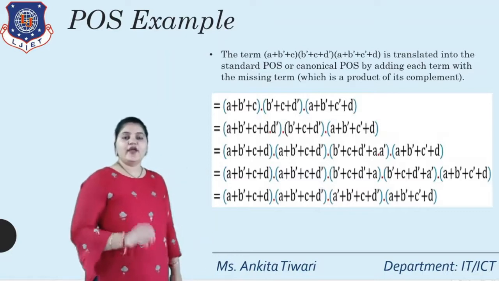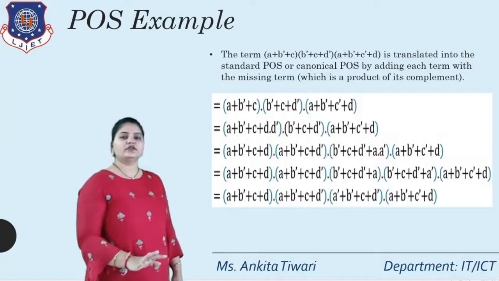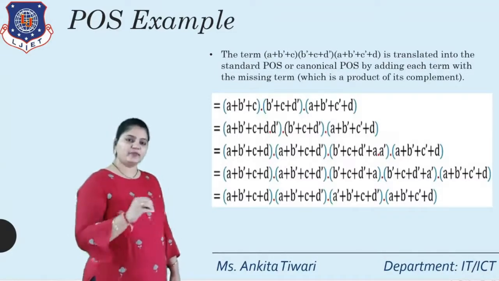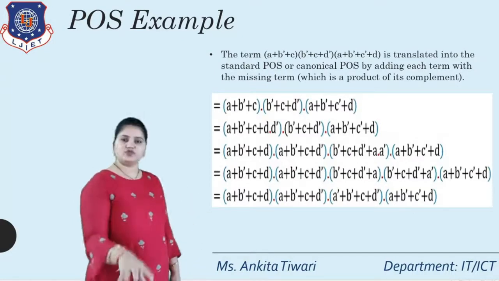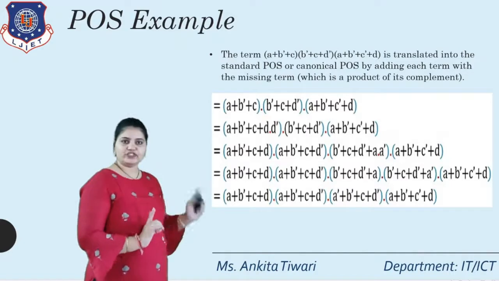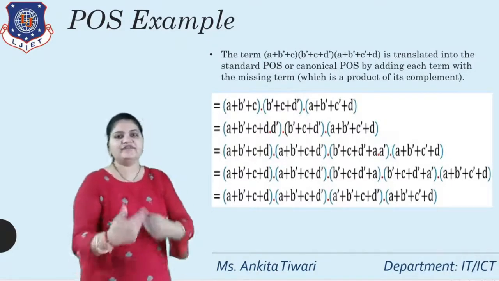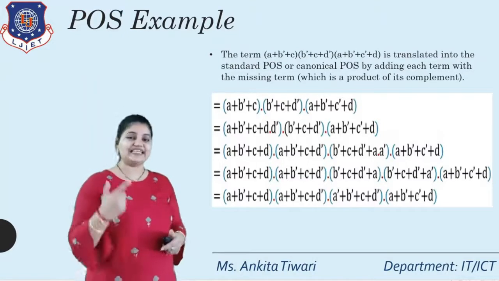So here we will take plus 0, which is actually no value, but we are supposing it. Suppose it is plus 0, meaning x plus 0 is equal to x itself. So here we are supposing plus 0, and at the 0th position we will suppose the variable which is missing. Suppose the variable missing is d.